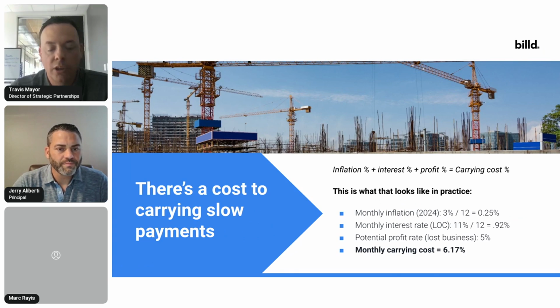Knowing the cost of slow payment, how it affects the finances of the business, the strategy, and operations, can ultimately help you put processes in place that allow you to be paid faster or grow more or increase profitability.